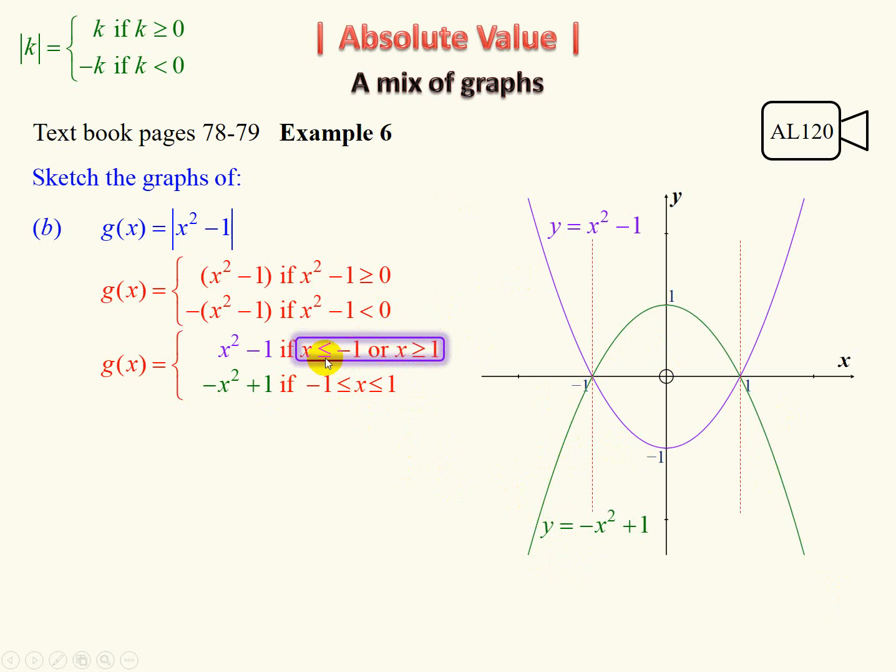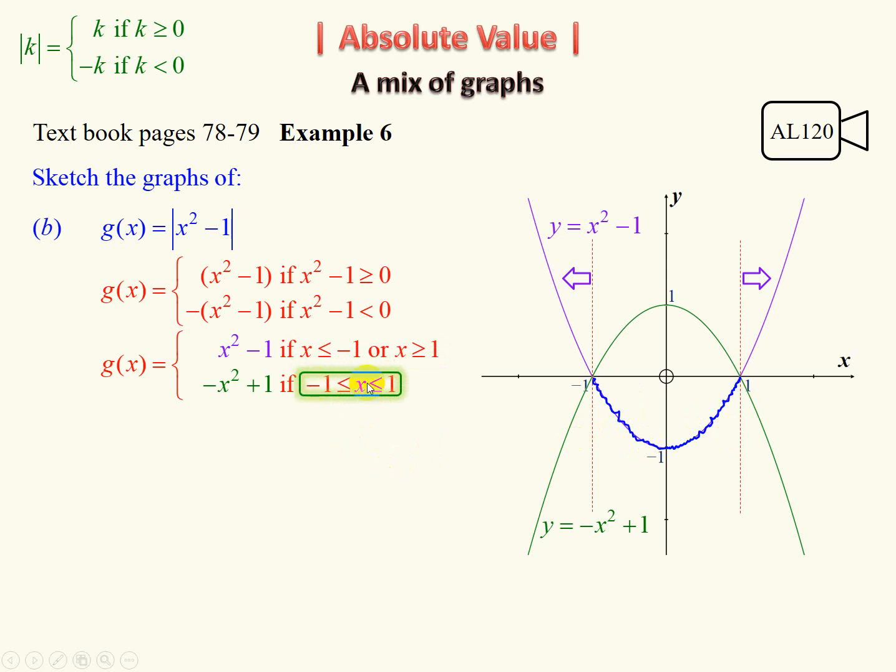Now, for x less than or equal to minus 1, or x greater than or equal to 1, I've drawn those vertical lines at x equals negative 1 and x equals 1. It's less than, so it's on the left side, or it's greater than, so it's on the right side there. That being the case, we're going to throw out this bottom half of the curve because it's between the two.